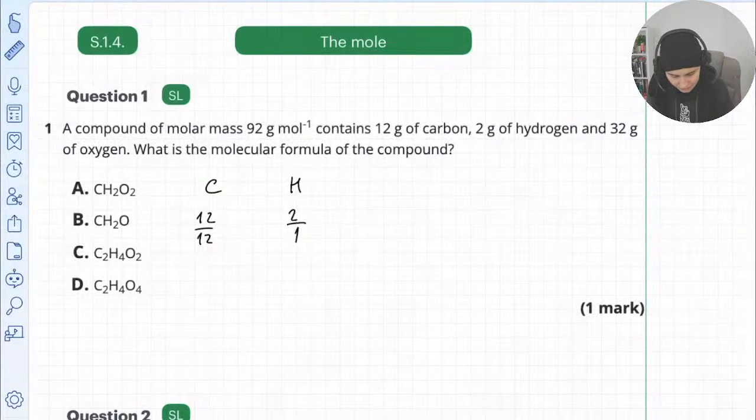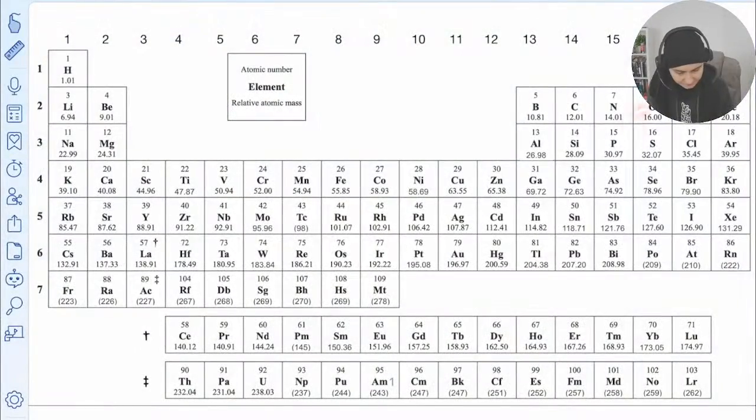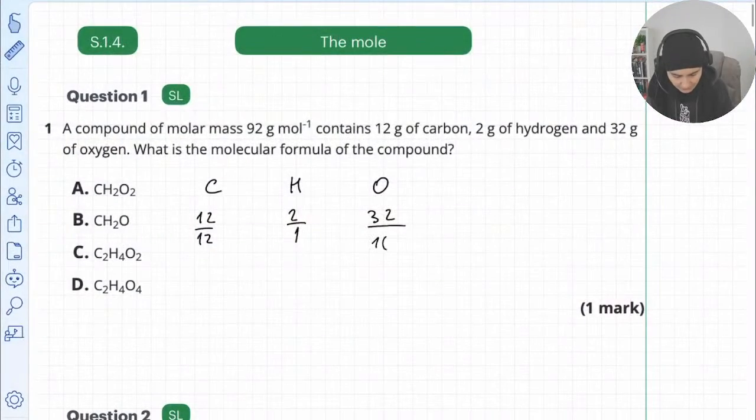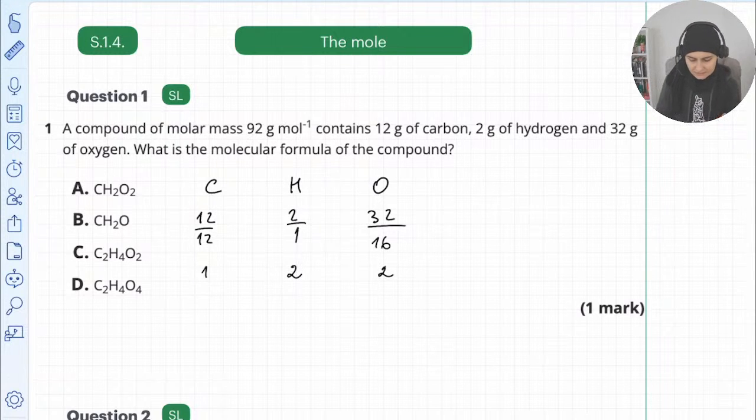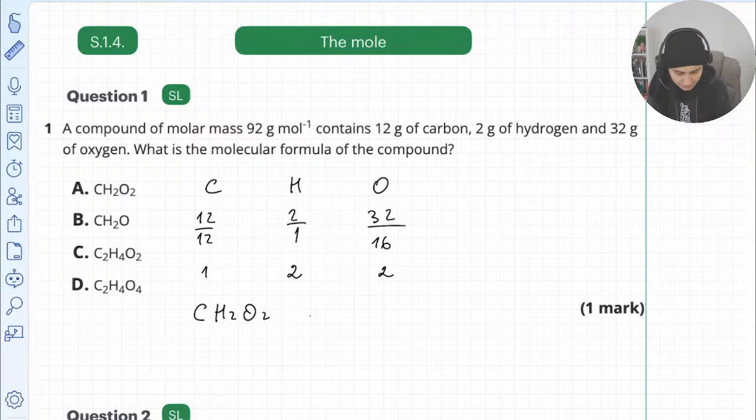Then oxygen, 32 divided by 16. And then I calculate what that is, so it's 1, 2, and 2. It means that the empirical formula would be CH2O2. C1, which I don't have to write, H2O2, that's the empirical formula.